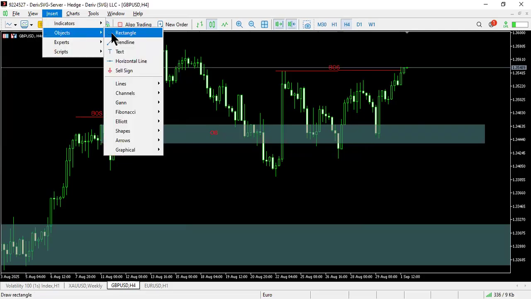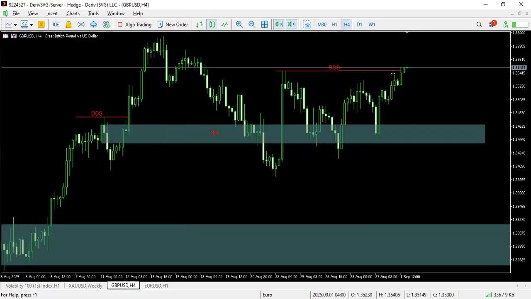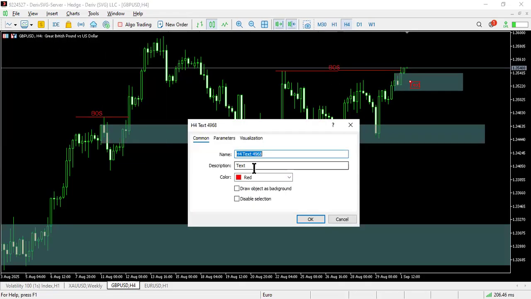And our order block is right there from the 4-hour time frame. That is our order block from the 4-hour time frame.